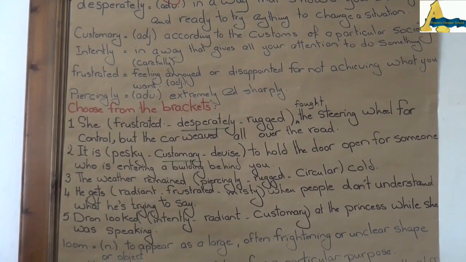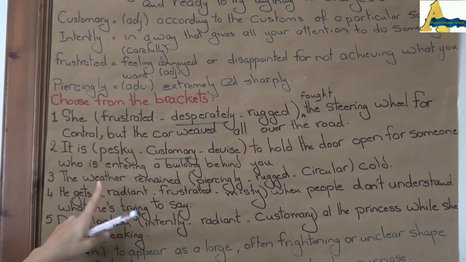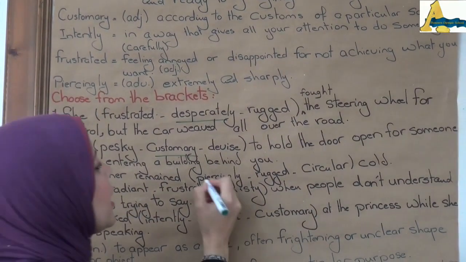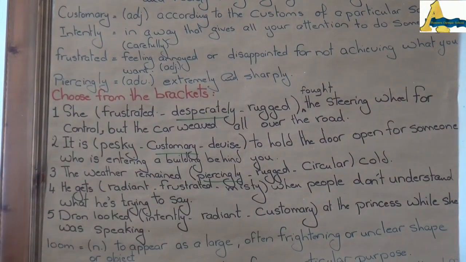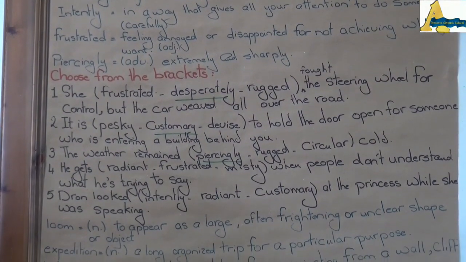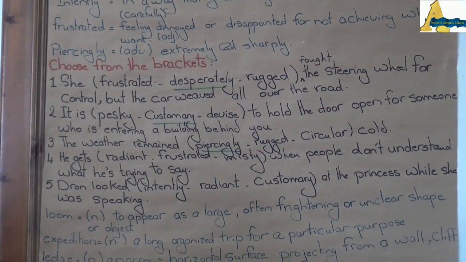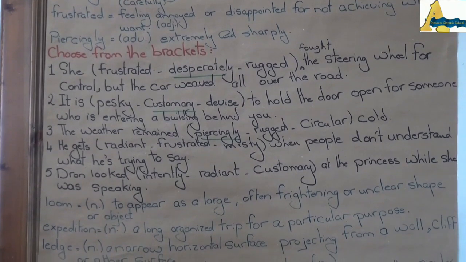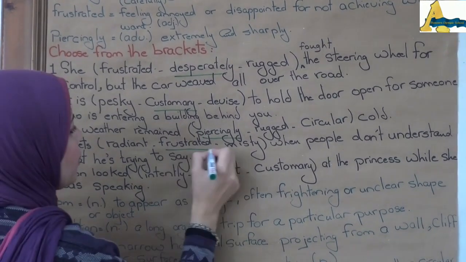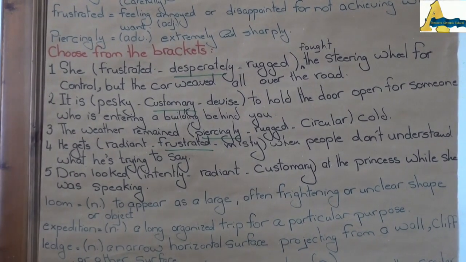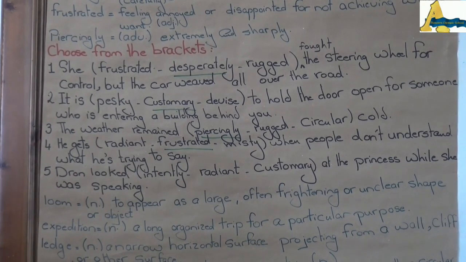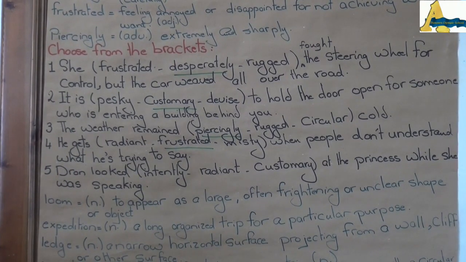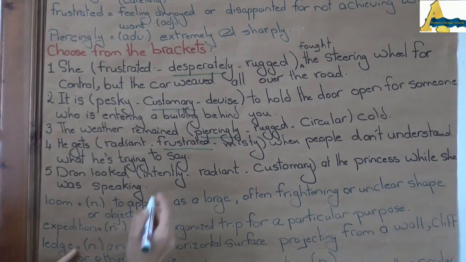The weather remained, what's the word which is always connected with the weather? Piercingly cold, sharply cold. 4, when people do not understand what he's trying to say, he gets frustrated. John looked at the princess intently while she was speaking.